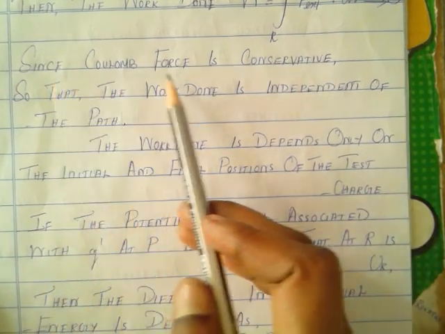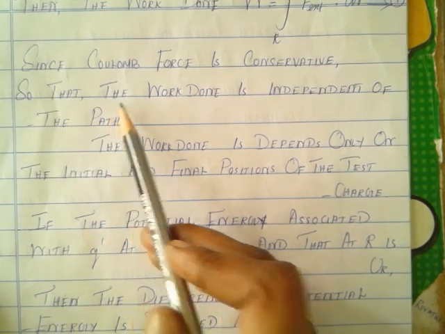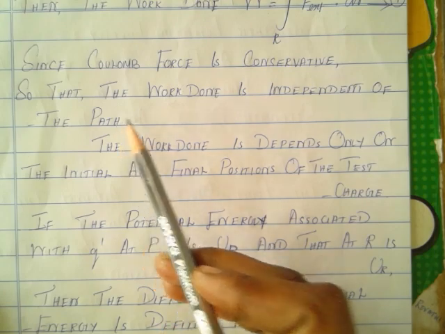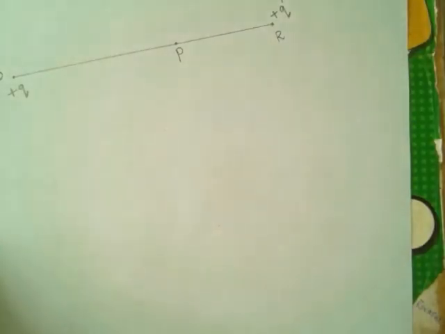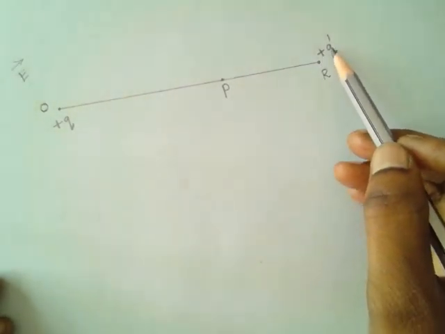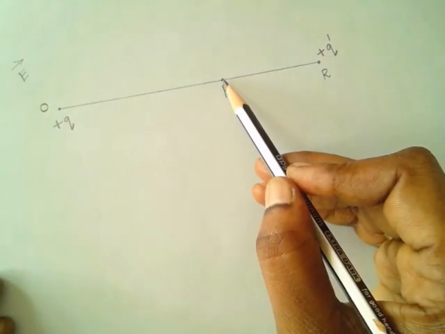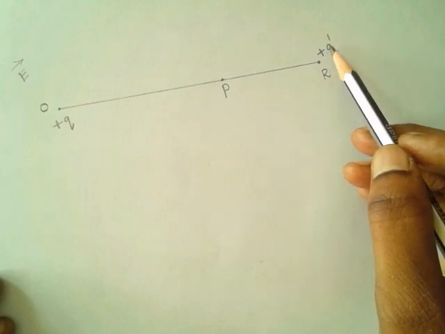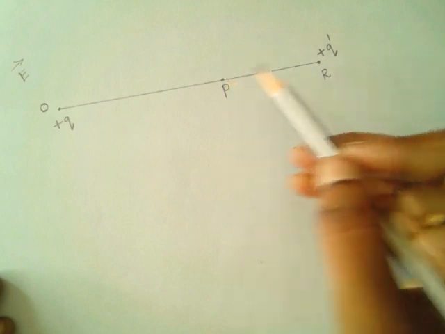Since Coulomb force is conservative, the work done is independent of the path. What is meant by that? The work done being independent of the path means this plus q dash test charge is brought from point R to P in any path.